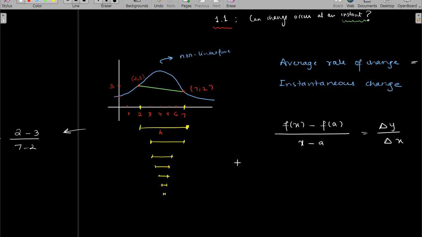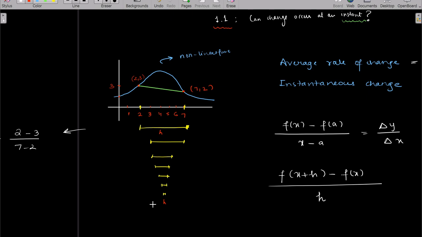Now when we make the interval really small, we use this formula: f of x plus h minus f of x over h. This h is the smallest length possible for the interval. See, h will never become 0.